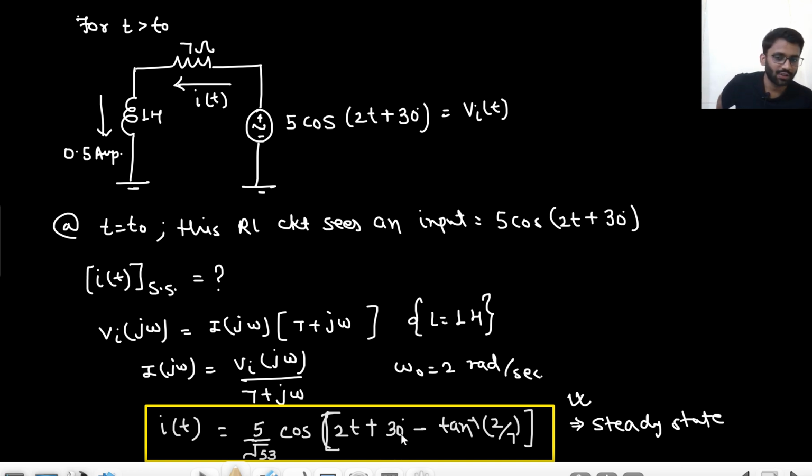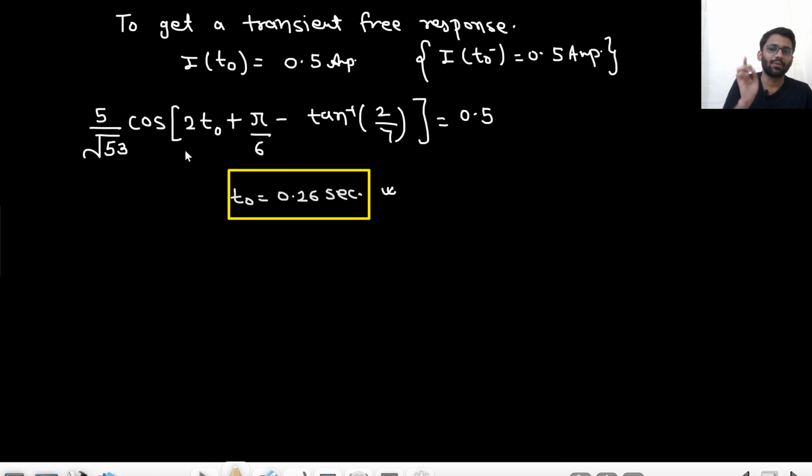And if I put t equals to t naught here, it should provide me that same amount of current. Here you need a bit more brain of yours. So be attentive and just think about what I am saying. I hope you are understanding.